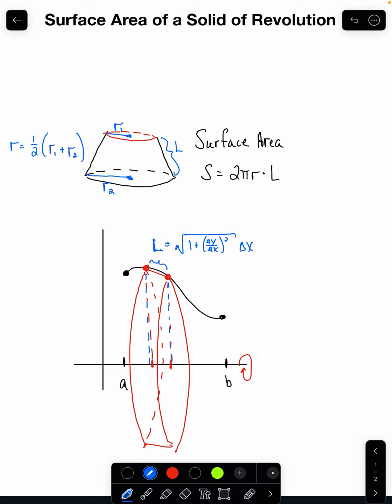However, the interesting thing that happens is that as our partitions grow in number, they narrow in width. So the size of the left radius and the size of the right radius approach the same value. Ultimately, as n goes to infinity, r sub 1 and r sub 2 approach the same value.